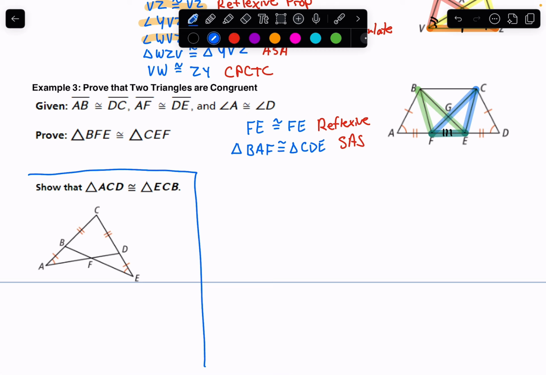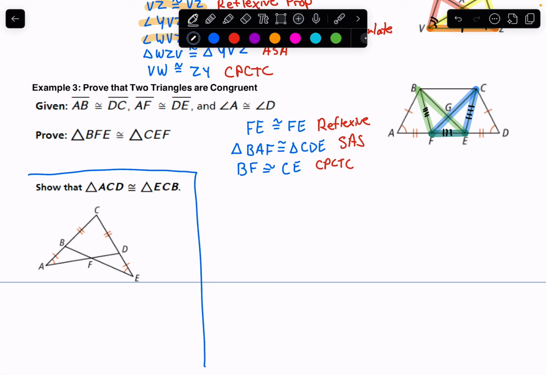So I know that BF, that side length, is congruent to, not BE, I'm sorry, CE, that side length, by CPCTC. Those are corresponding parts of the triangles we just showed to be congruent. Guess maybe I need 4 hash marks on them.